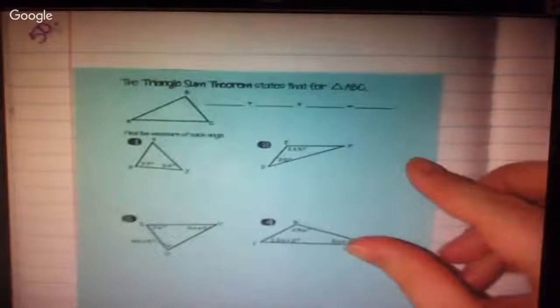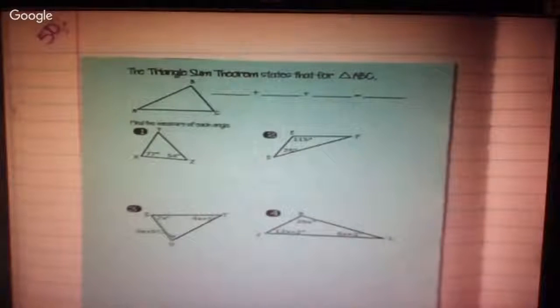Okay. We're going to do this page next. Okay. You can cut off that little triangle at the top. I'm not doing anything with that. Just get rid of it. I'm not about to stress myself out over that.